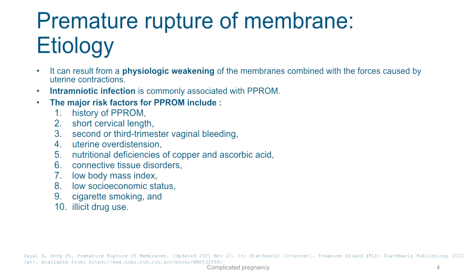So, what are the causes? We have a lot of causes. We can have a physiological weakening of the membranes. We can have an infection. We already talked about that.